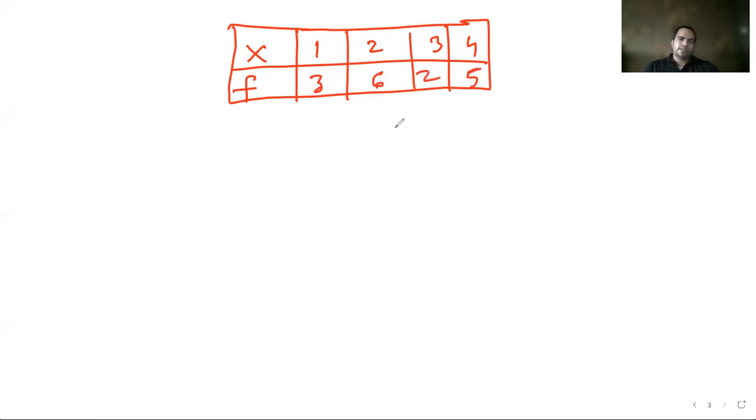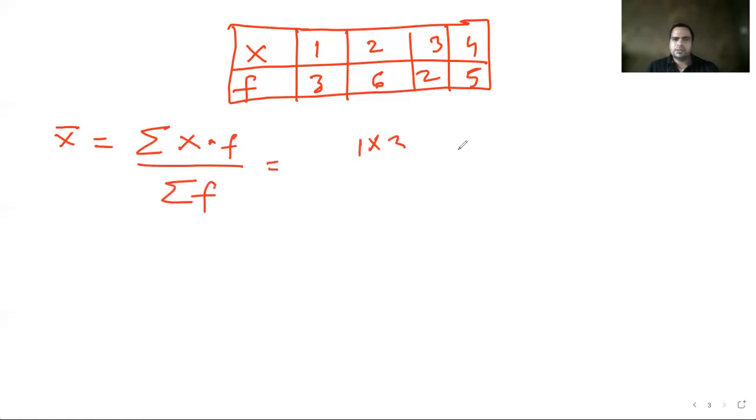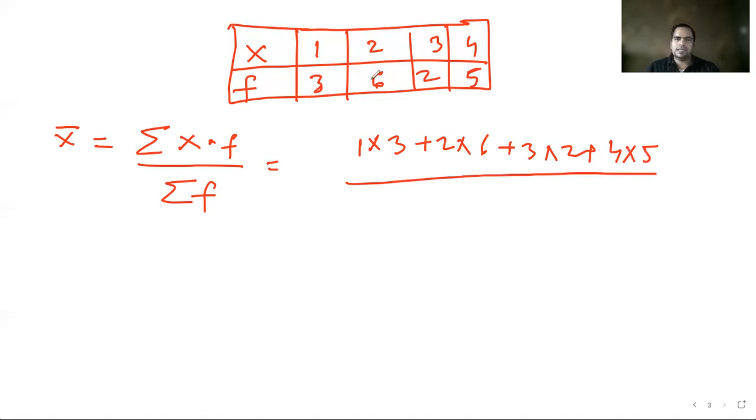I want to find the variance for this. In such cases, first we calculate the mean. The mean formula is sigma x times f over sigma f. So sigma x times f will be 1 times 3 plus 2 times 6 plus 3 times 2 plus 4 times 5 over sigma f, which is 3 plus 6, 9, 9 plus 2, 11, 11 plus 5, 16.